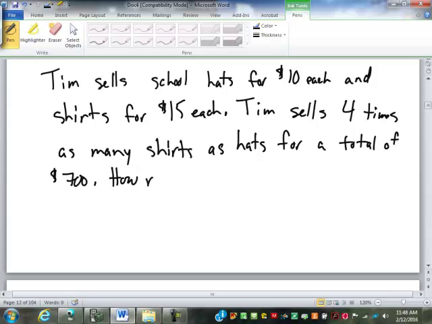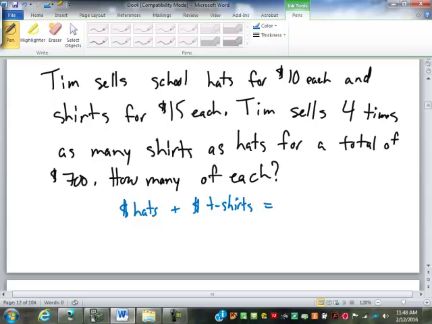Once again, how many of each? How many of each were sold? So here our formula is the money from hats plus the money from t-shirts equals the total dollars.